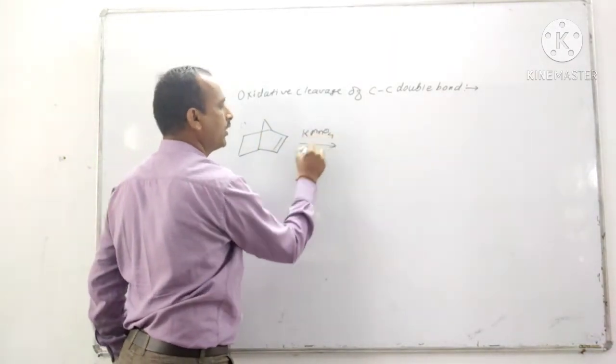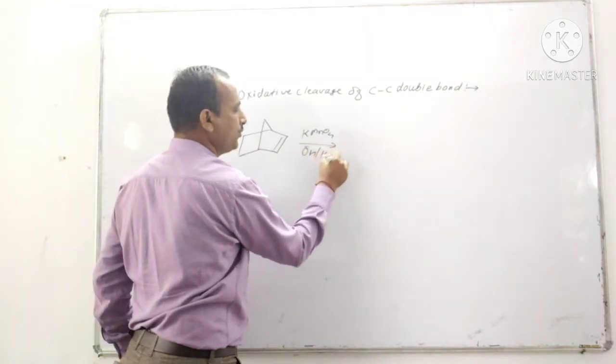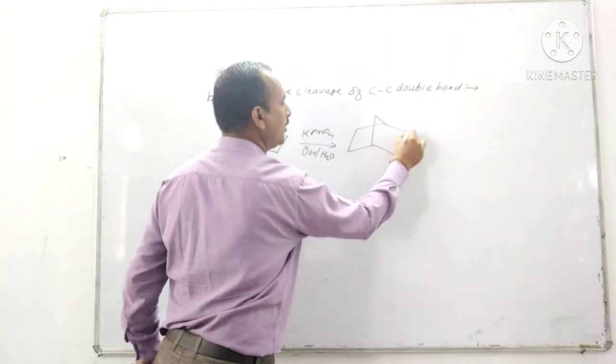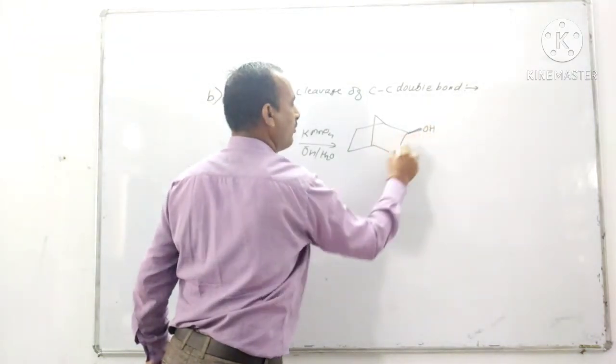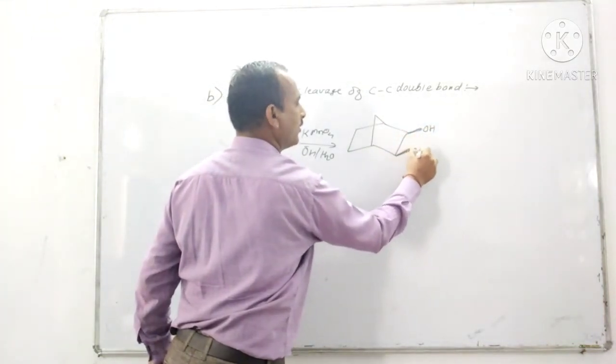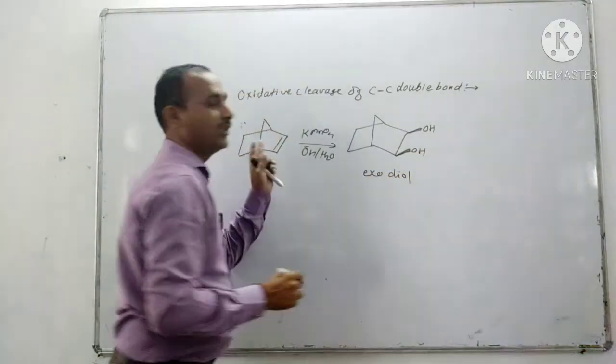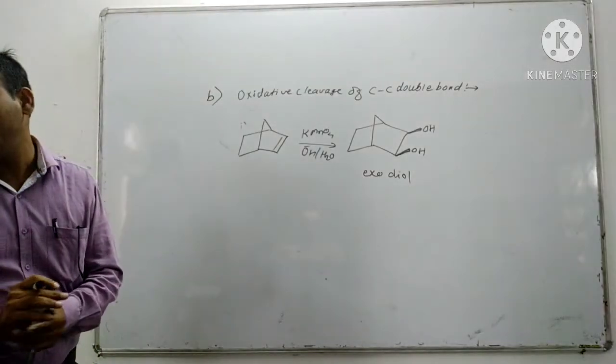KMnO4, OH minus, H2O. So there is diol formation that takes place by the dihydroxylation by using KMnO4.